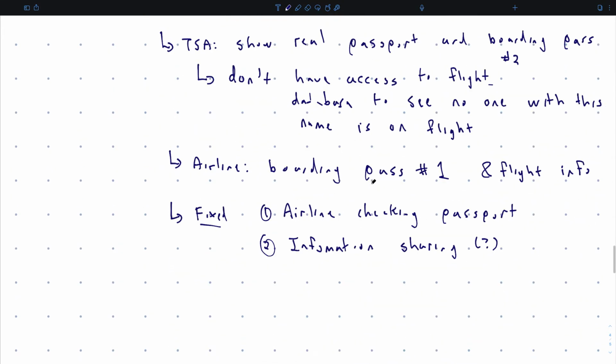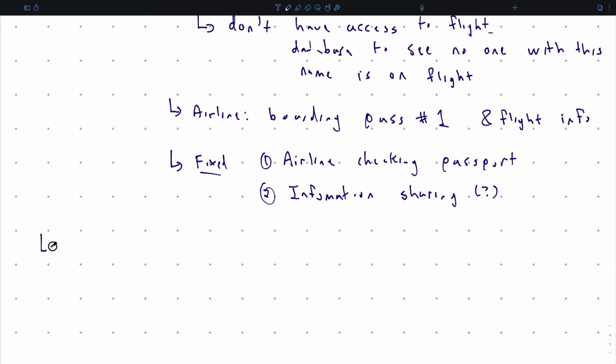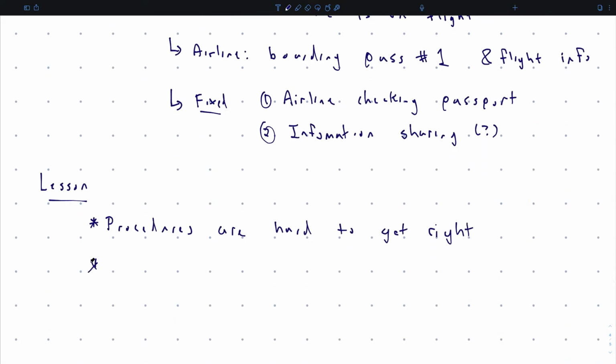Okay, and so the lesson from this are, first off, procedures are hard to get right. And I've seen attempts of people trying to take a procedure like this and convert it into math, or logic is probably a better way of putting it.